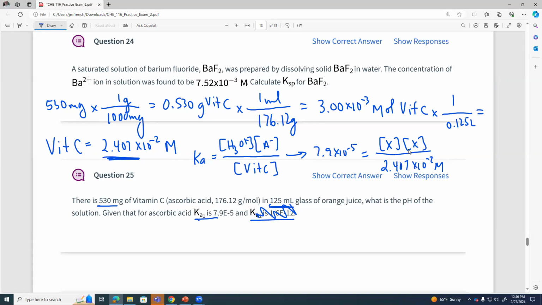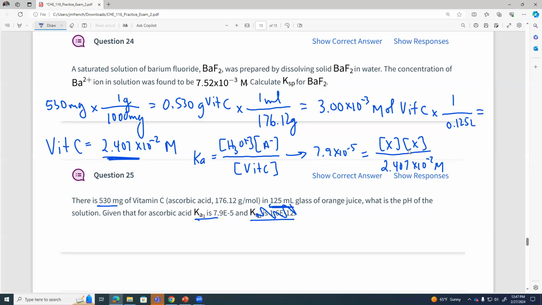I know a lot of you were hung up on what this equation looks like. What does the ionization look like? Any weak acid, it's going to fall into hydronium and conjugate base. Doesn't matter what the conjugate base is. So it's ascorbate, which would be the conjugate base of ascorbic acid, vitamin C. So just like Sarah said, x squared.